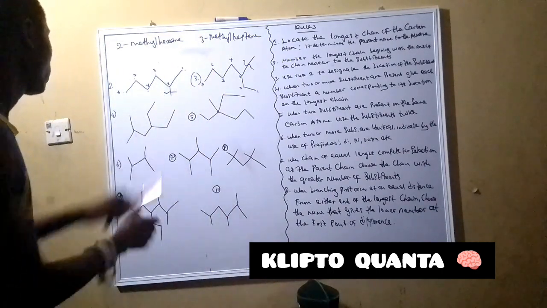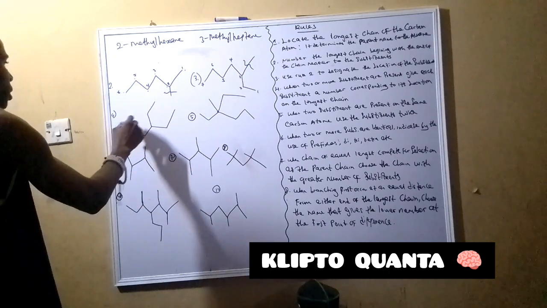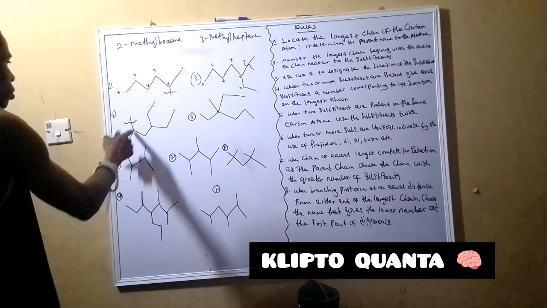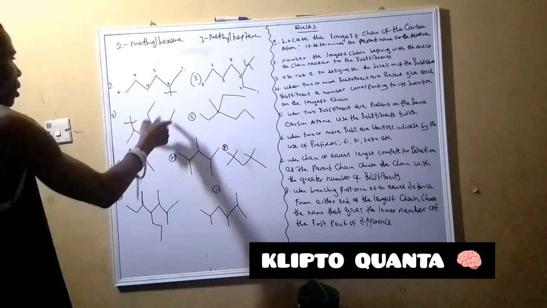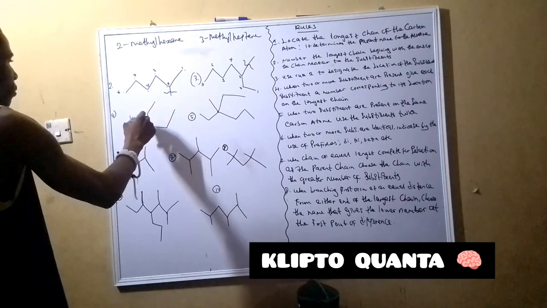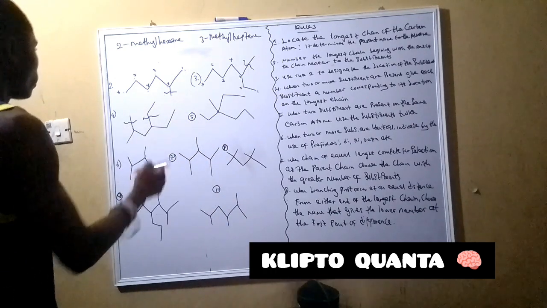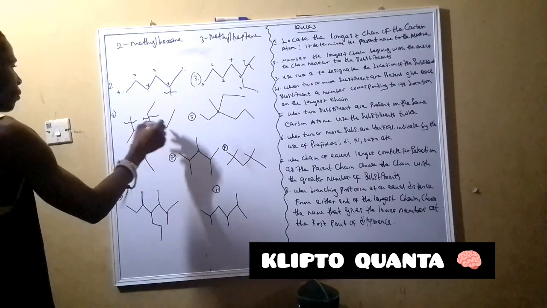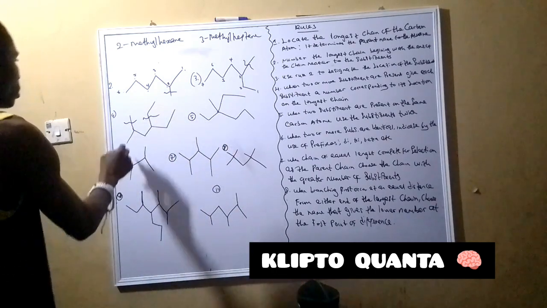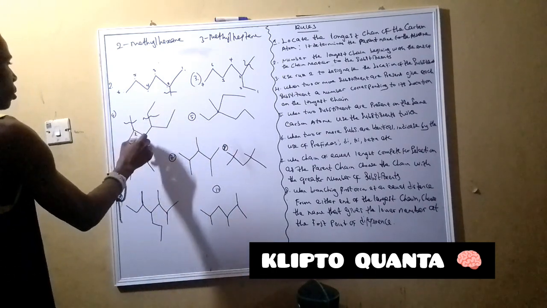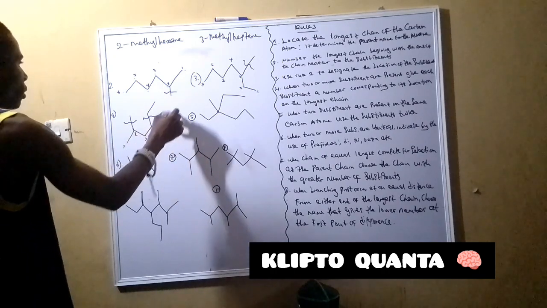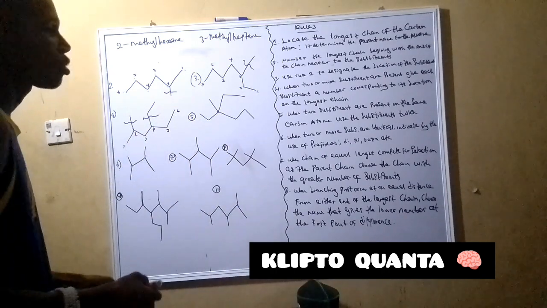Now, coming back to this, we have one substituent here, right? And if I count 1, 2, 3, 4, 5, 6, I will also have another substituent here, right? So I have 1, 2, 3, 4, 5, 6. I'll count from here. 1, 2, 3, 4, 5, and 6, which gives us what?